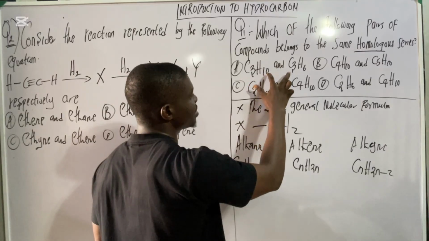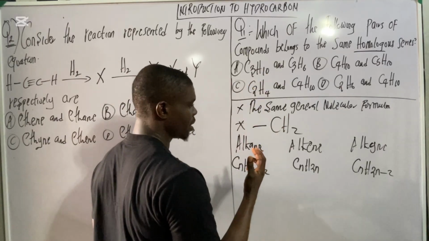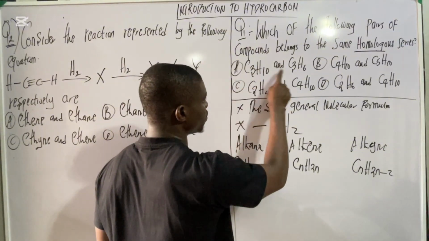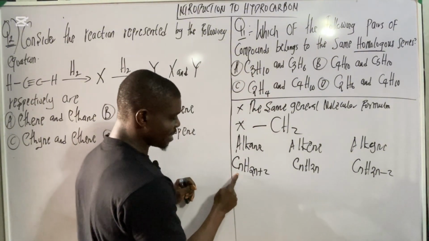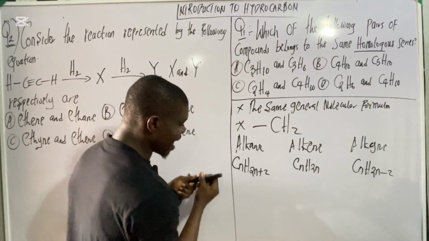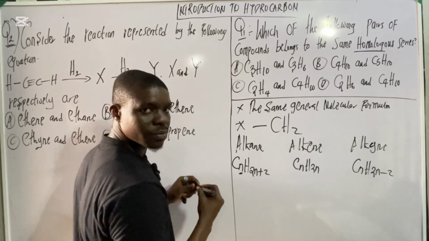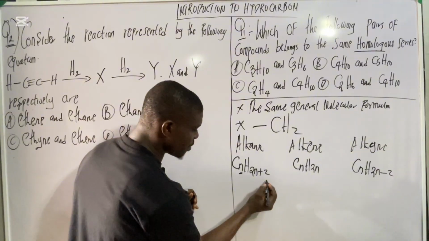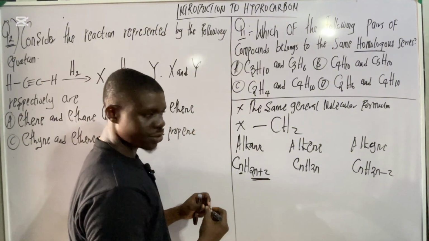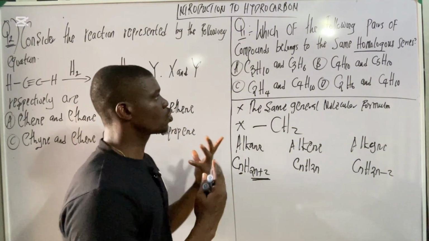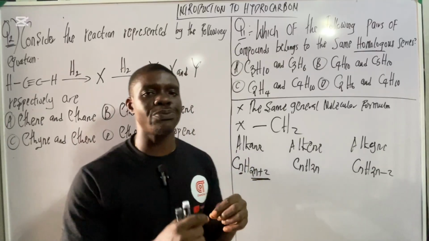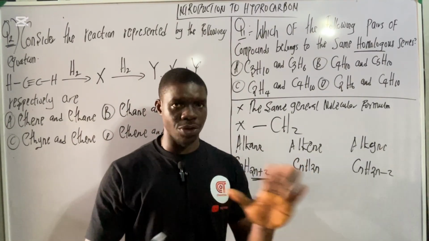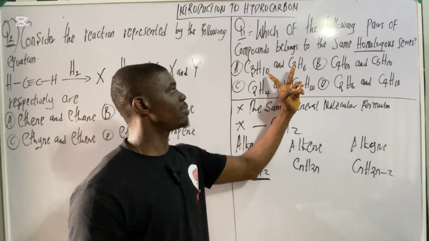These two cannot be in the same homologous series just because they have the same number of carbons. In CnH2n+2, n means the number of carbon atoms, while the other part means the number of hydrogen atoms. Two compounds with the same number of carbon atoms cannot be in the same homologous series.